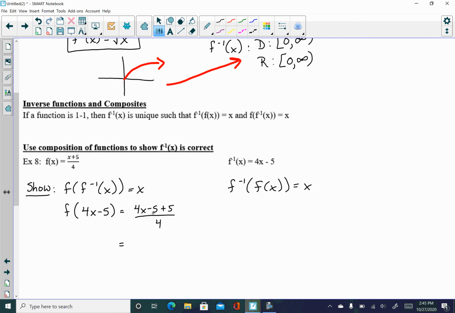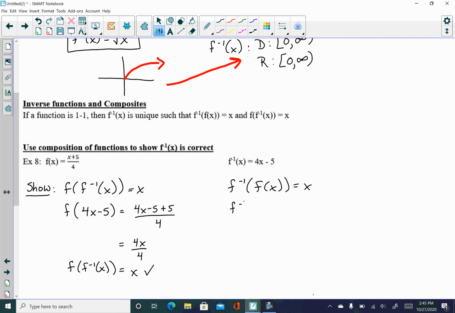Just start cleaning up. What happens to those 5's? Hopefully you agree, they cancel out. That leaves me with 4x divided by 4. And sure enough, then those 4's cancel out. And so that equals x. So we have shown that f of f inverse of x equals x. So we've shown half of it. Got to go the other way.